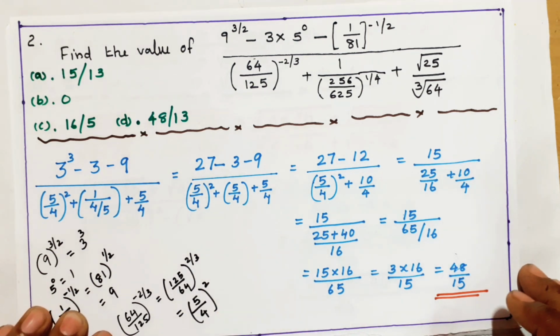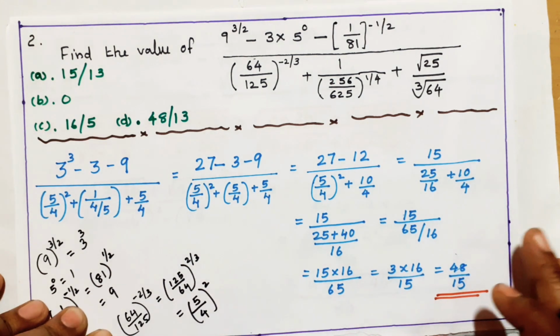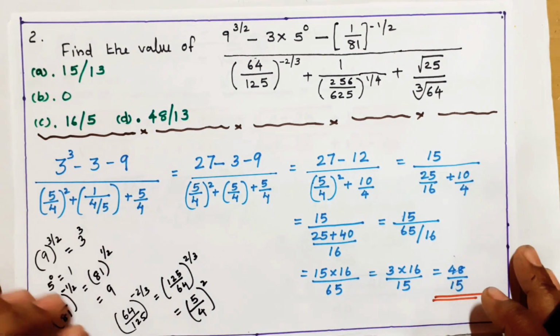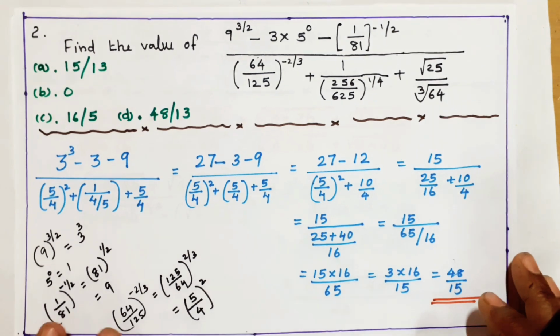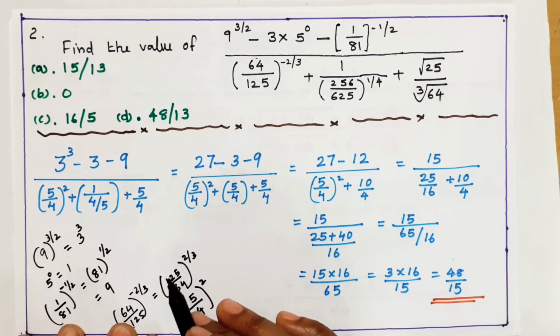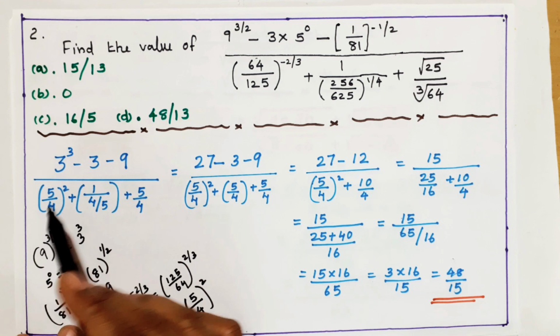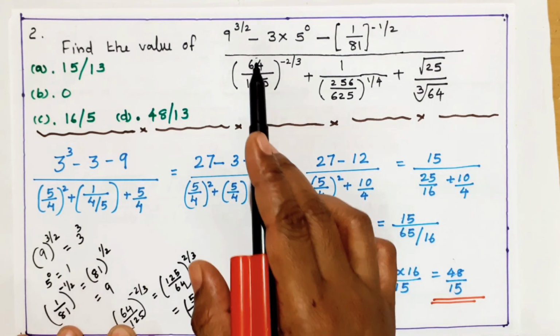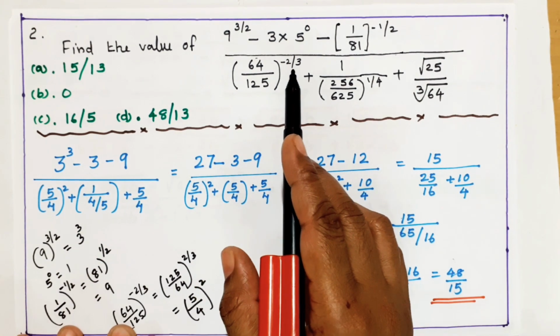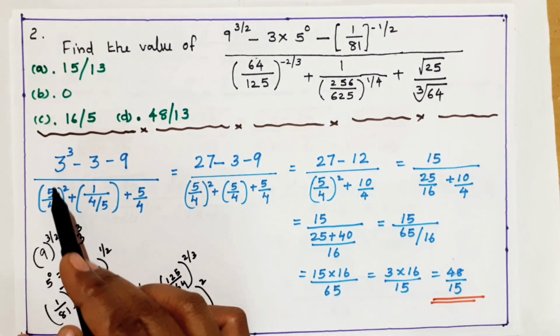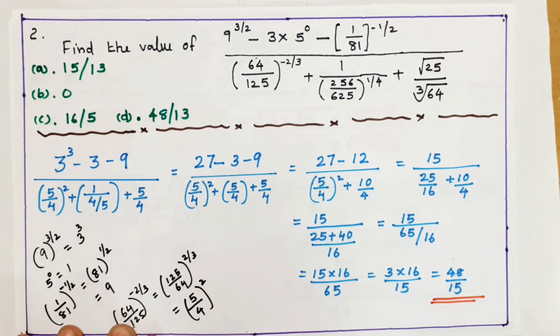Taking the cube root, 125 cube root is 5, 64 cube root is 4, squared. So this number, 64 by 125 raised to minus 2 by 3, I simplified as 5 by 4 squared.